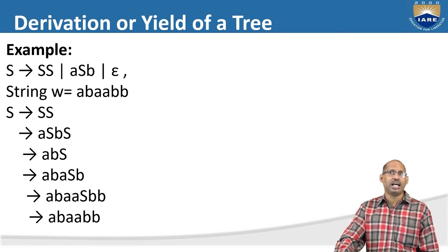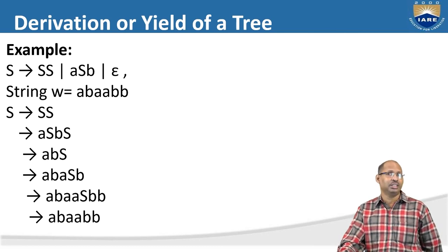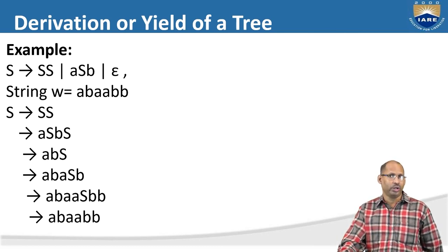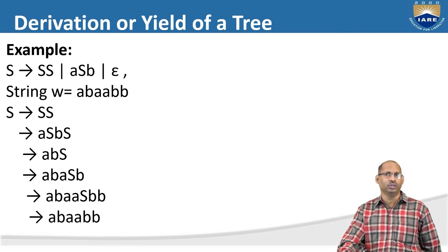Then, we'll see one more example here, right? What is the grammar that is given? S gives SS or ASB or epsilon. That is the grammar productions given, right? Now, what is the string we want to derive? W equal to ABAB, 2 A's and 2 B's. That is the string we want to derive.